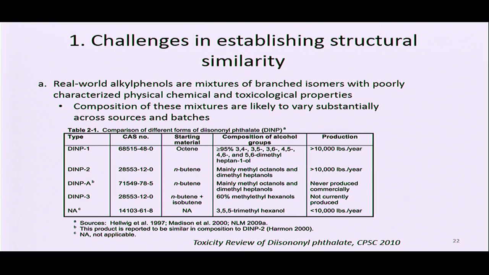These haven't necessarily been described fully, but I want to make a comparison to the phthalate literature where this has been described more completely, where you have different manufacturing processes that produce mixtures of phthalates, in this case diisononyl phthalate, with very different composition and very different physical chemical properties. And my argument is that the composition of these mixtures is going to vary substantially, and so are the resulting toxicological properties of those mixtures.